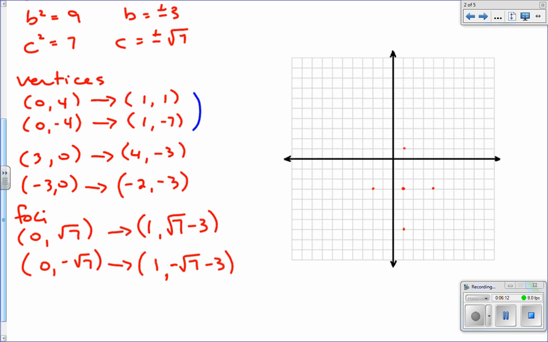So there's the outline of our ellipse, so we can sketch it in. And then we can label our foci as well. They are at (1, root 7 minus 3), which is approximately negative 0.4, and (1, negative root 7 minus 3), which is approximately negative 5.6.